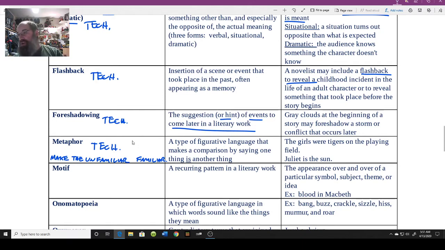Analogies aren't necessarily metaphors. Analogies are direct comparisons, whereas a metaphor suggests that one thing is like another. If you say, hey, that car is a real piece of beep, you're not being literal there. It's a metaphor.